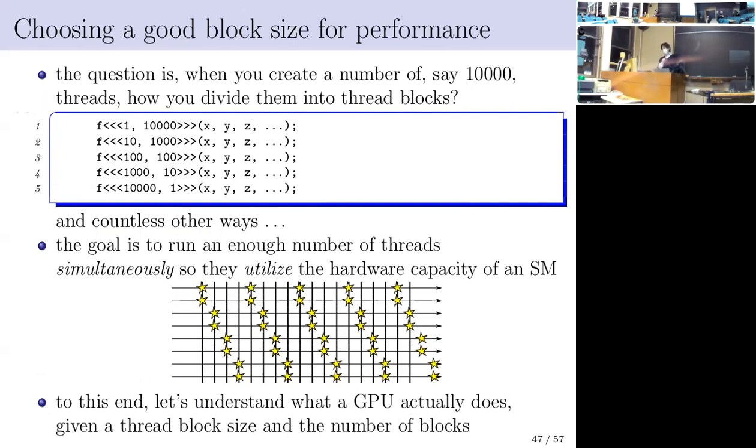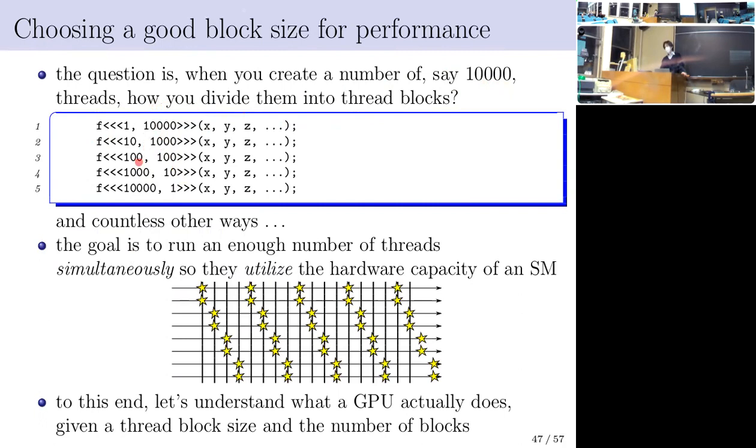The question of this section was, okay, this slide is slightly modified from last week. The basic question we want to be able to answer is, let's say we need to create 10,000 threads. How should you divide them into thread blocks?